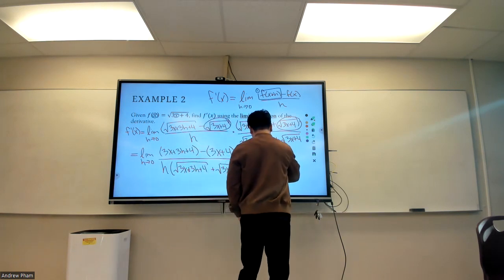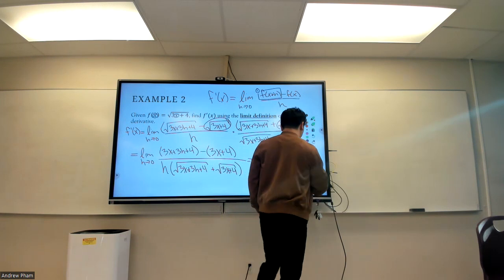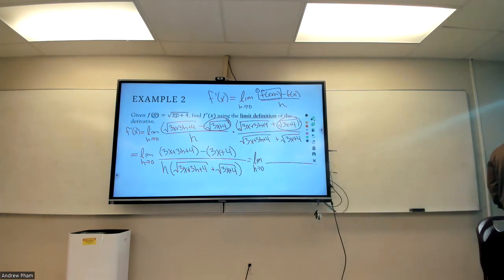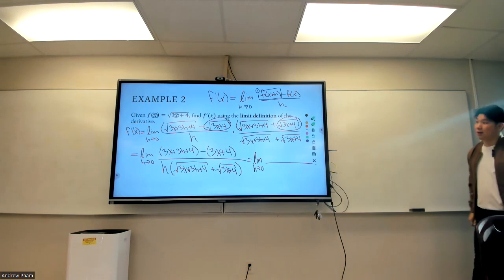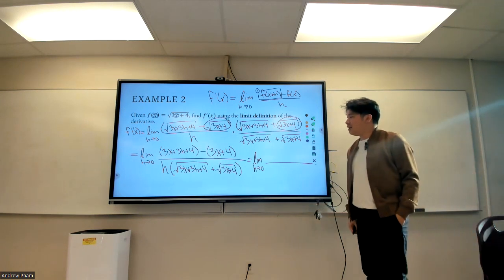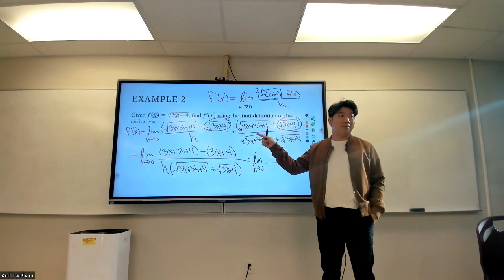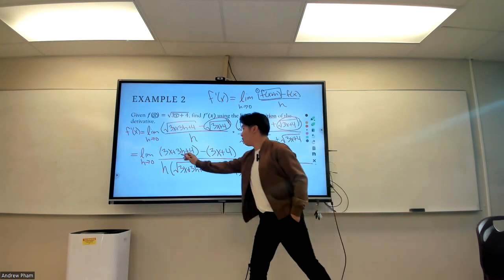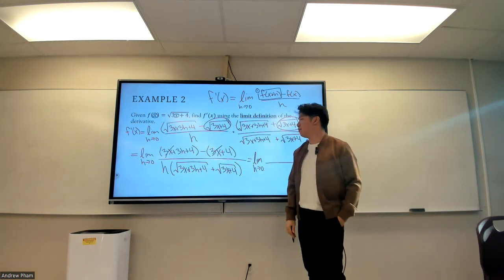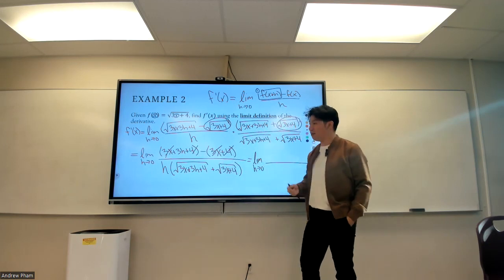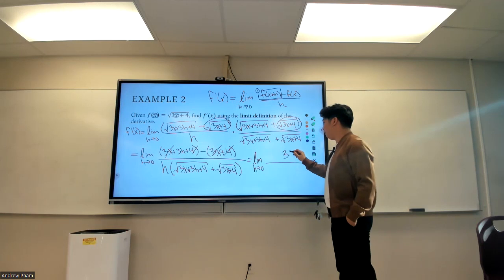All right, so by doing this, what do I see on the top happening? On the top, 3x and 3x cancel, because I have 3x minus 3x. 4 minus 4, I think we agreed those cancel each other out, leaving me with 3h.